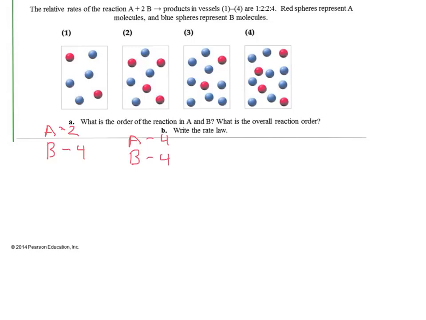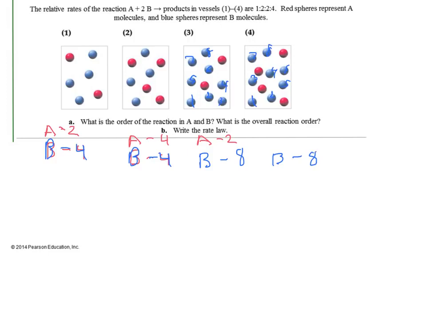In my next container, I have 2 A's, and for my B's, I really should be doing this color-coded, shouldn't I? For my B's, I have 1, 2, 3, 4, 5, 6, 7, 8. I have 8. And for my B's over here, 1, 2, 3, 4, 5, 6, 7, 8.